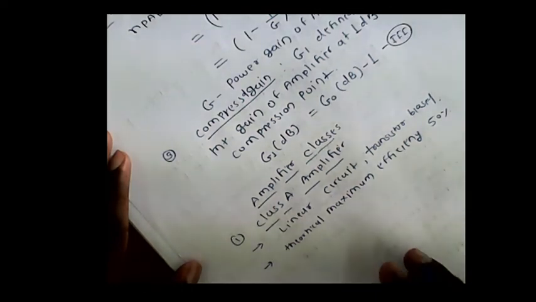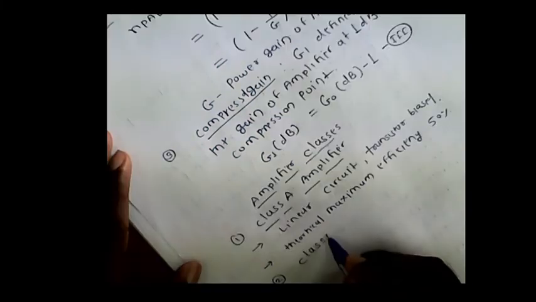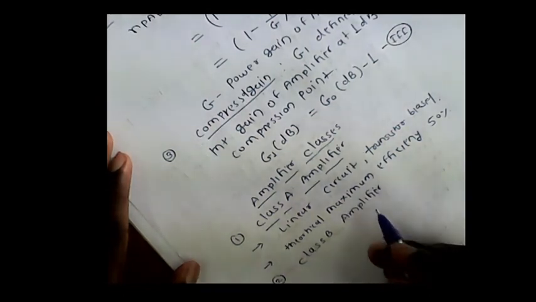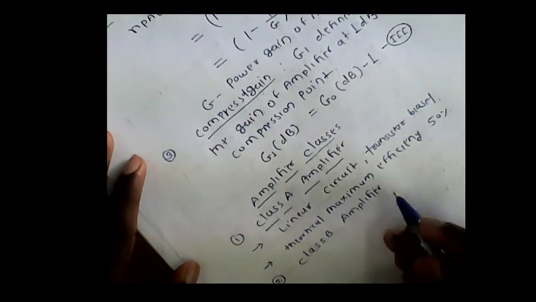In contrast, second is the class B amplifier, which is another class of power amplifier. Class B amplifier is biased to conduct only during half cycle.